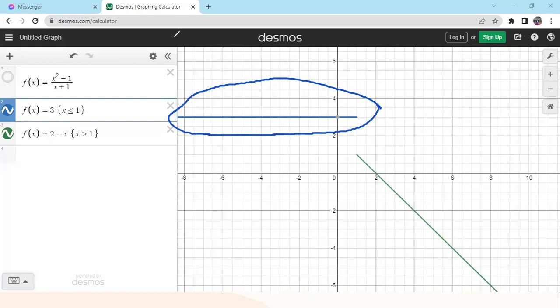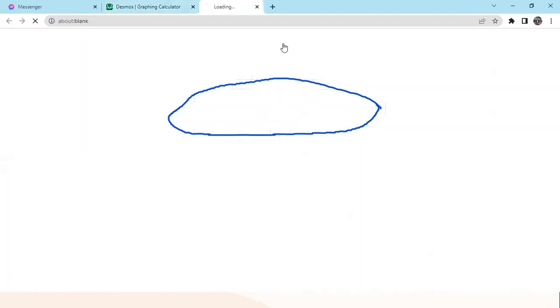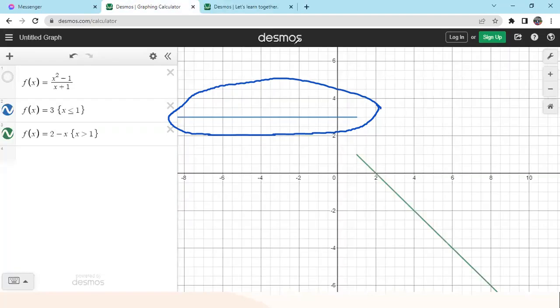For the second one, we also have this graph. So let's see.